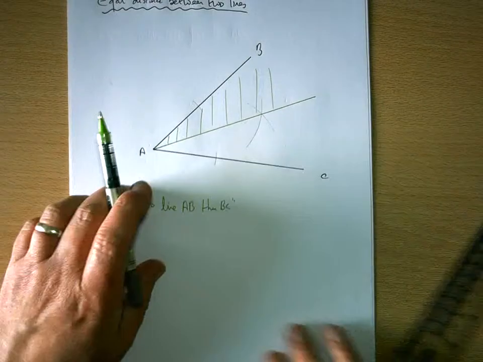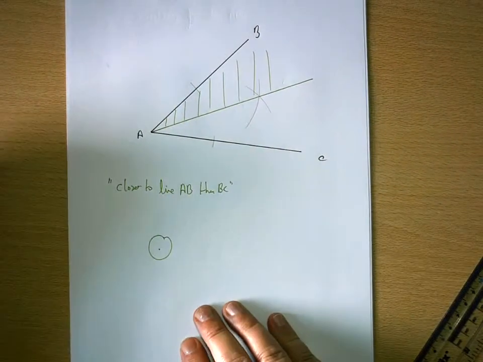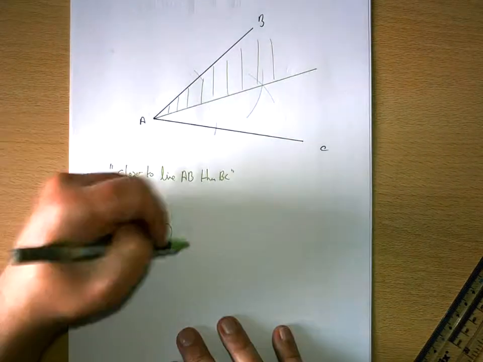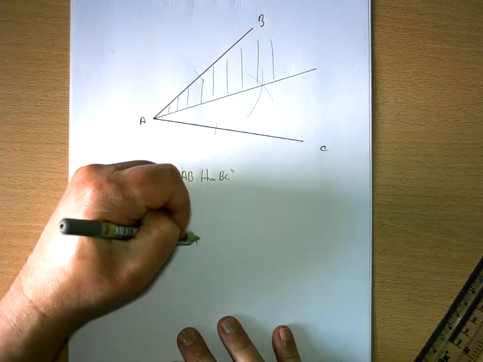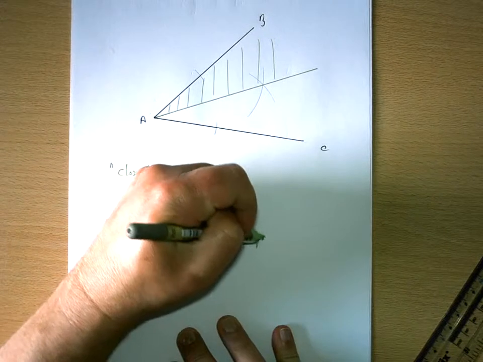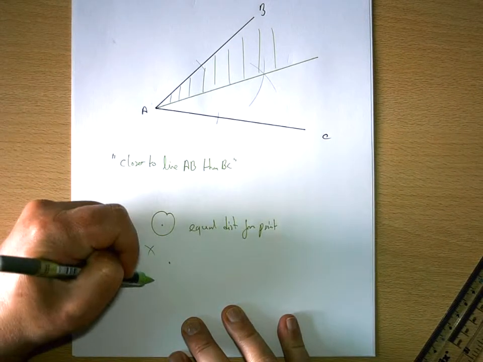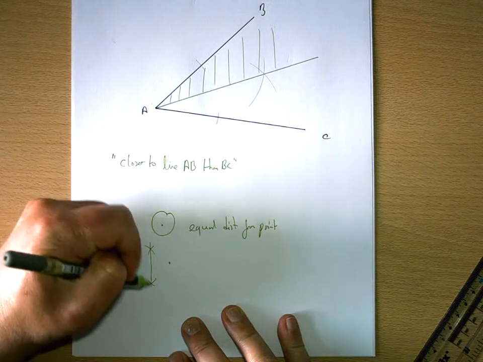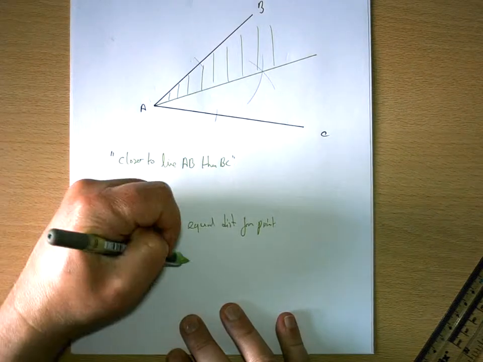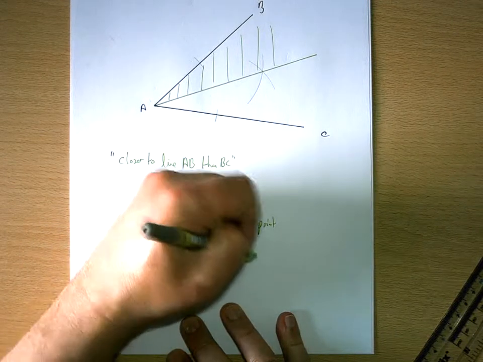So in summary, you need to be able to draw a circle for equal distance from a point. The perpendicular bisector is equal distance from 2 points.